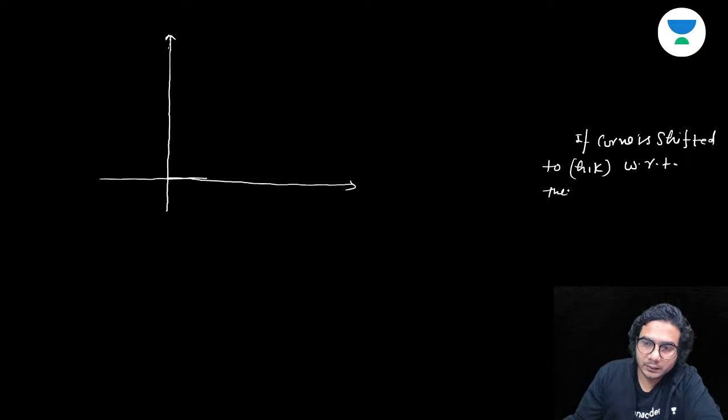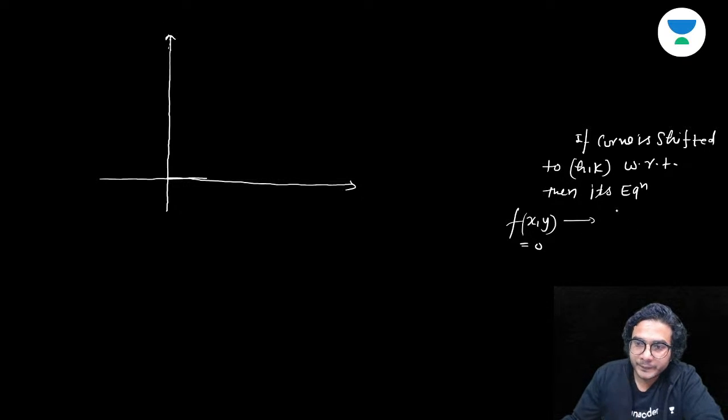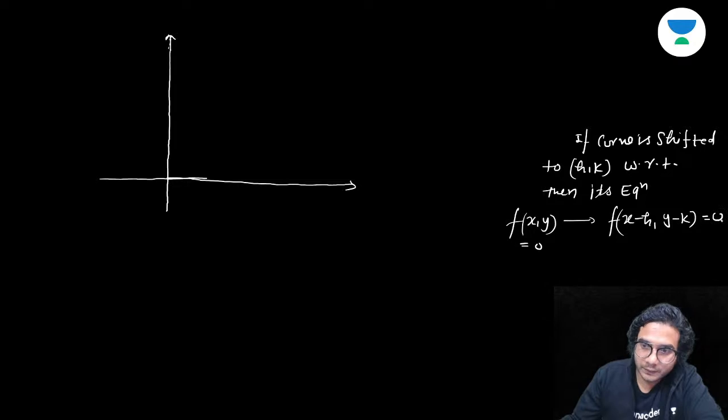Then its equation f of x comma y is equal to 0 will change to f of x minus h comma y minus k if the curve is shifted, not origin. In case of origin, you know, it is x plus h and y plus k.